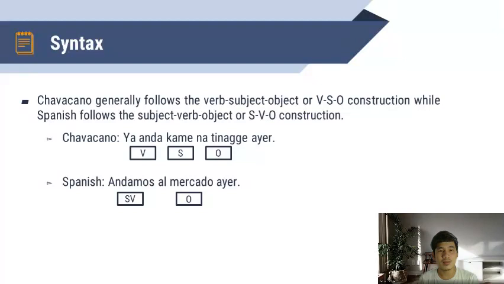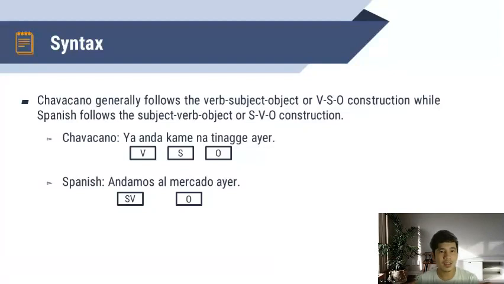Chavacano sentence, "Ya anda kami na Changi ayer." Notice that the sentence starts with a verb followed by the subject and object. Again, notice that the sentence in Chavacano starts with the verb ya anda and then the subject kami and the object na Changi ayer.